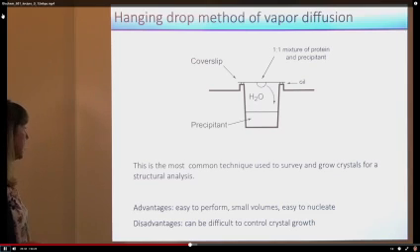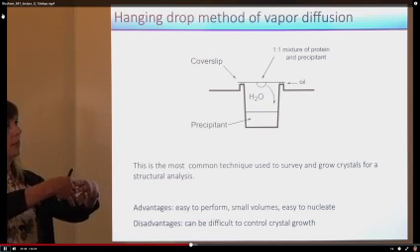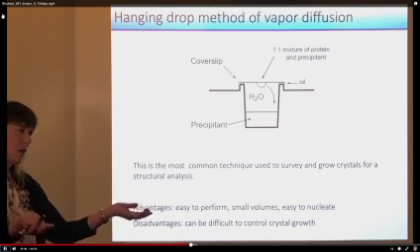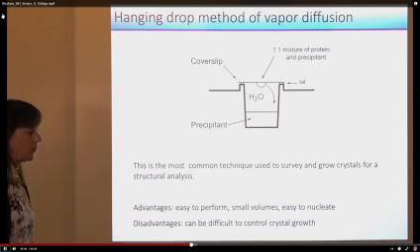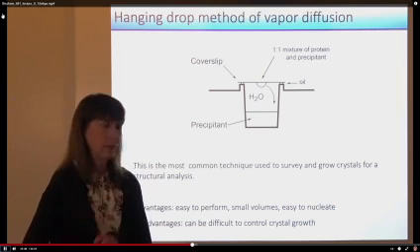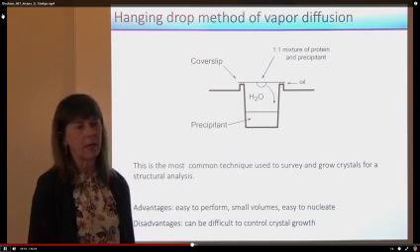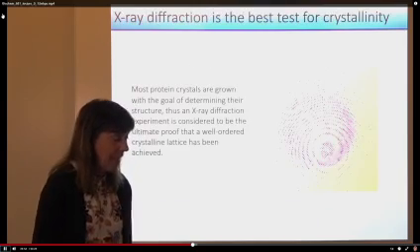Now, the disadvantages: it's hard to control crystal growth, so sometimes it starts to come down and then you get a zillion crystals coming out, and really you want 2 or 3 crystals per droplet. But it's easy to perform, you use small volumes, and it's easy to nucleate. So that's the method. When you read a paper, it'll say they were grown by the hanging drop method of vapor diffusion.